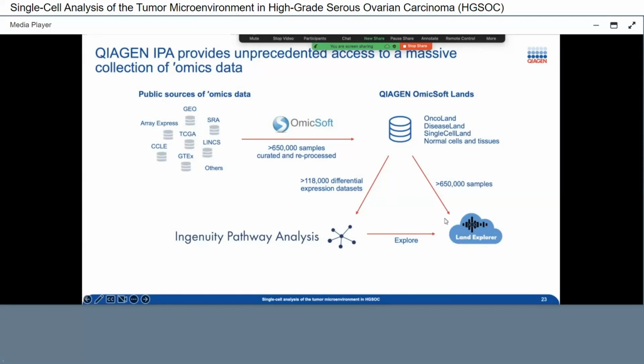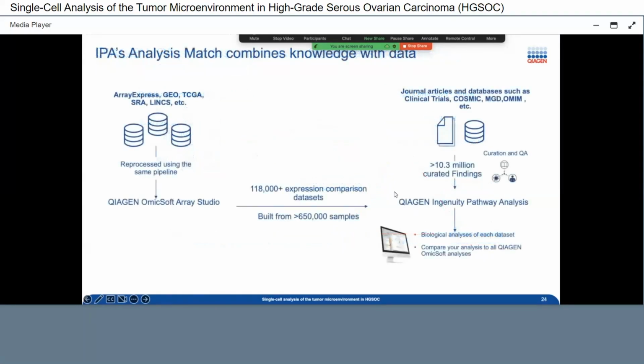So you see the power we have here. And that's just another representation, but that is important to say. Not only do we combine these expression data sets that have been curated, normalized, with controlled vocabulary, but we also bring our knowledge base, which has more than 10 million curated findings by Ph.D. experts that organize and structure the database. So the power of the two together now is huge.